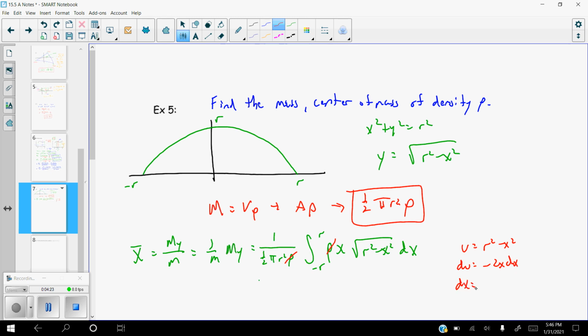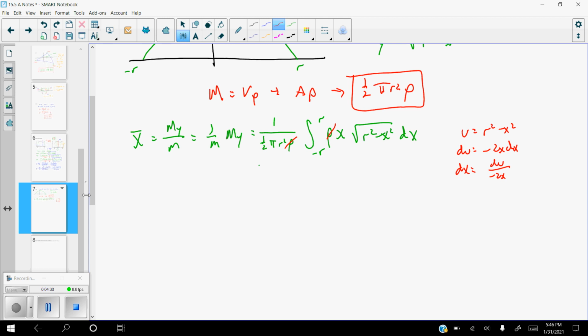So dx is going to be du over negative 2x. So let's see what we get. The 1/2 I can pull up to the top as a 2. So that's going to be 2 over pi r squared times the integral of x square root of u times the new dx, which is du over negative 2x.